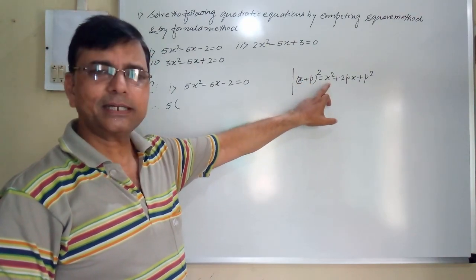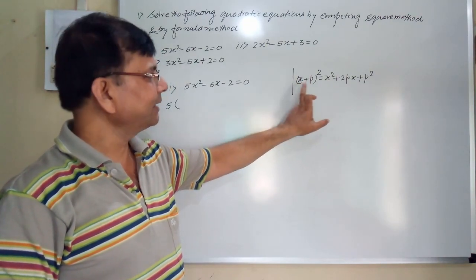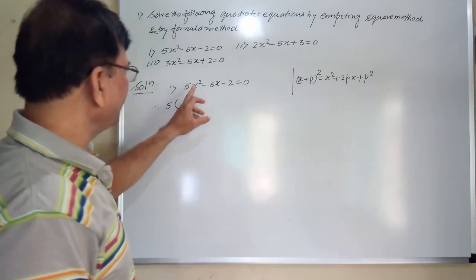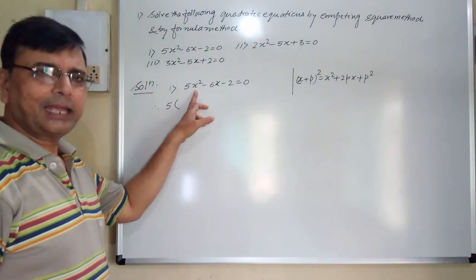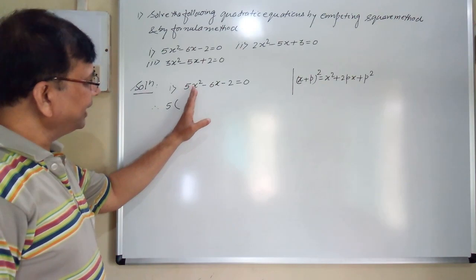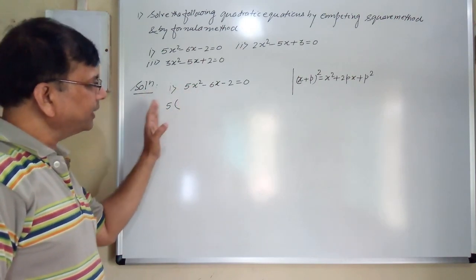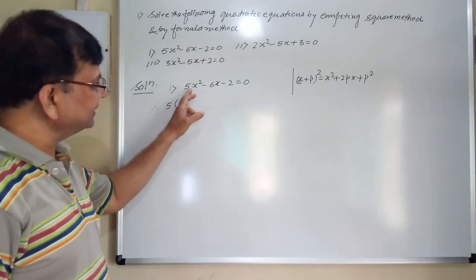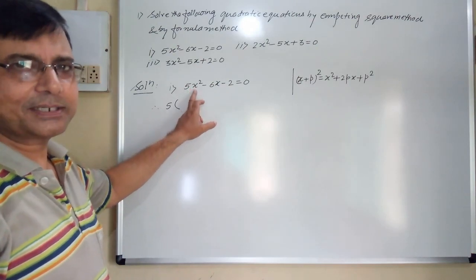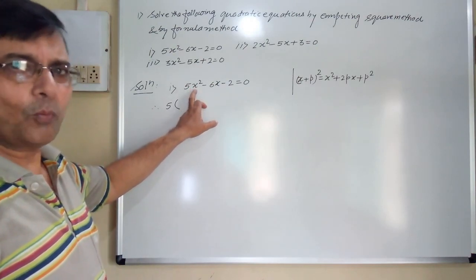What should the coefficient of x square be? 1, then only can we write in this form. So here the coefficient of x square is 5. So I will remove 5 by taking it common, then the remaining part will be 1 only. The coefficient of x square will become 1.